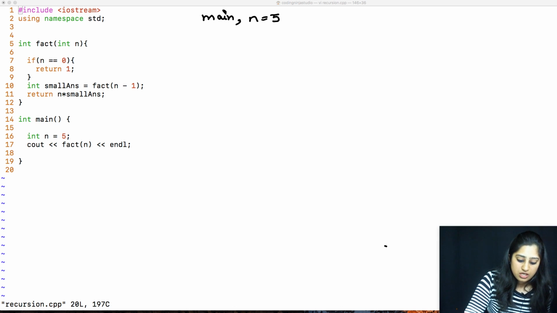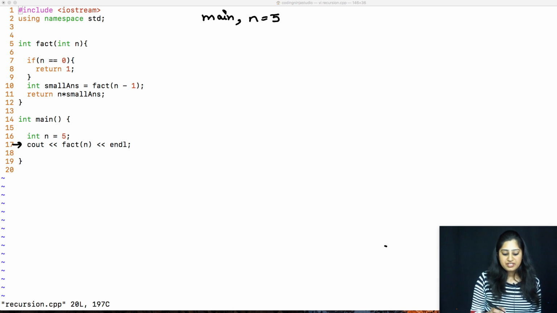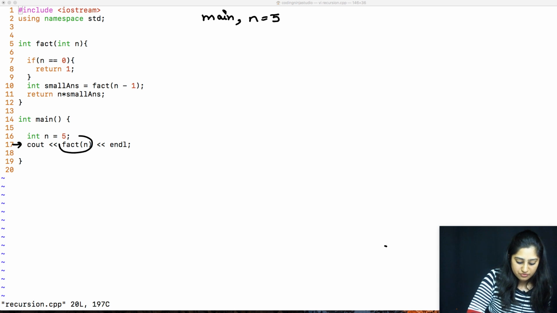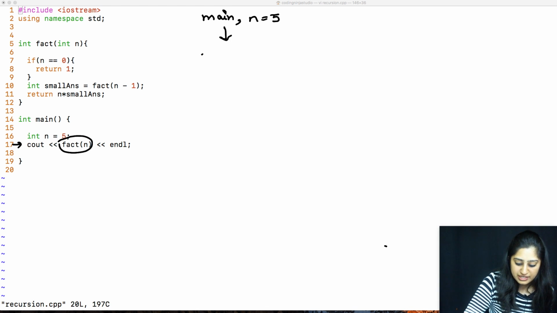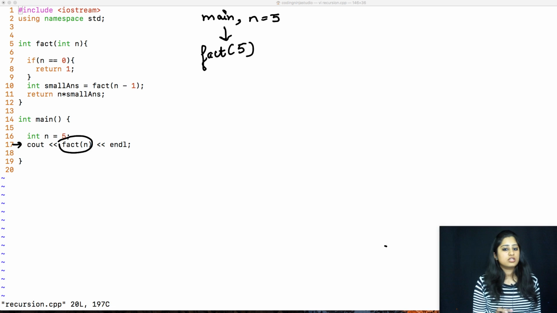Inside main at line number 17 we have called a function factorial with the value of n as 5. This is the function call that will take place. So factorial of 5.